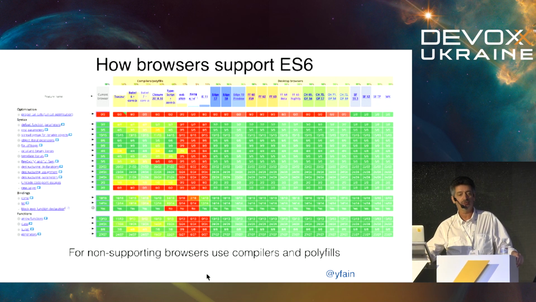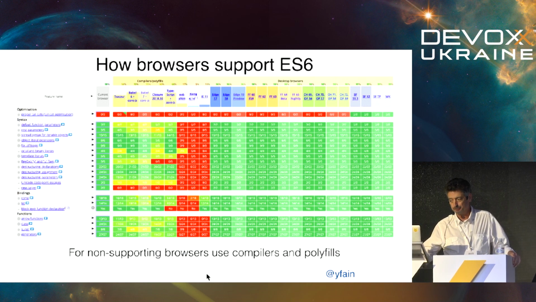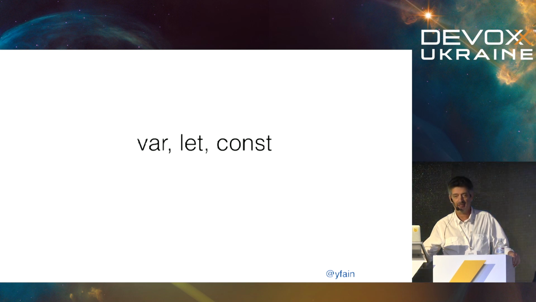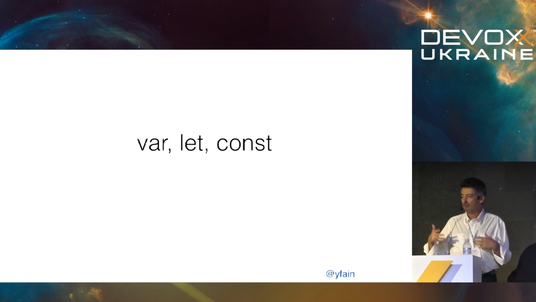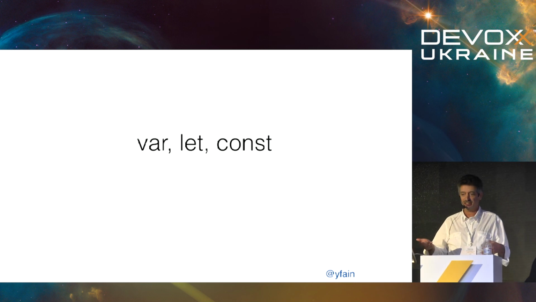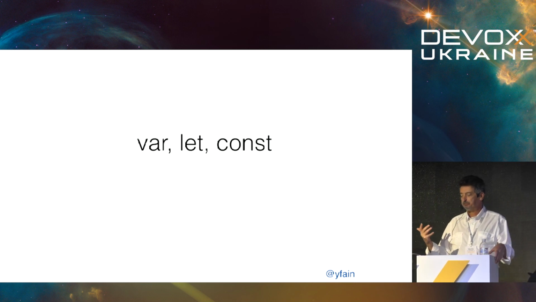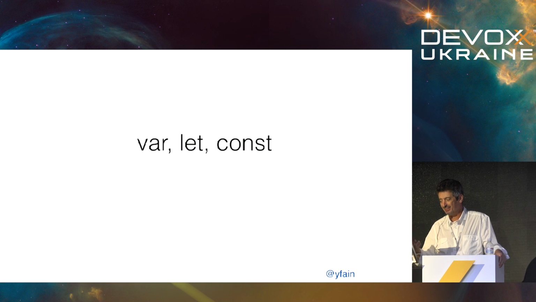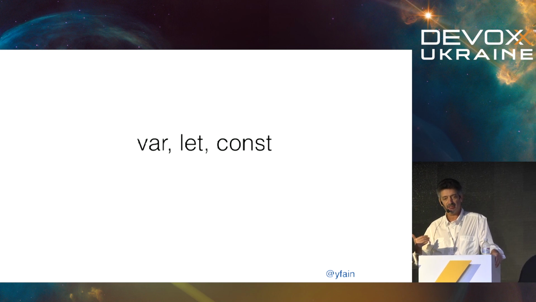So it's pretty safe to use it even as is, with polyfills. But now let me go over some changes in the syntax, so you will see what it brings you, and hope you will like it much better than before as a Java developer.